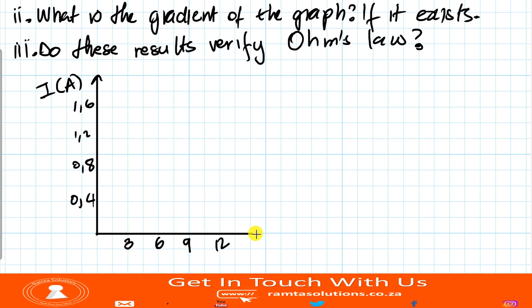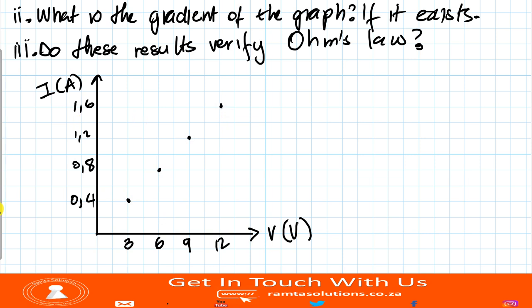So this is potential difference measured in volts. When potential difference is 3, current was 0.4. When it is 6, current was 0.8. When it was 9, current was 1.2. When it was 12, current was 1.6.